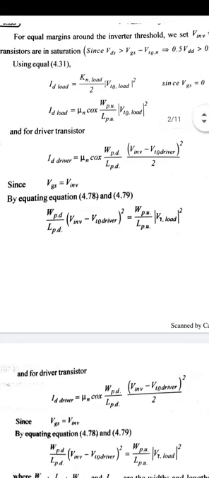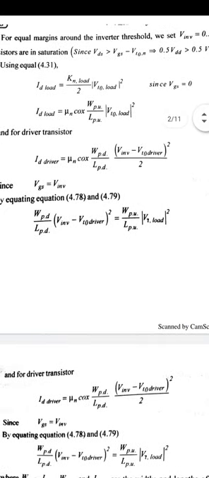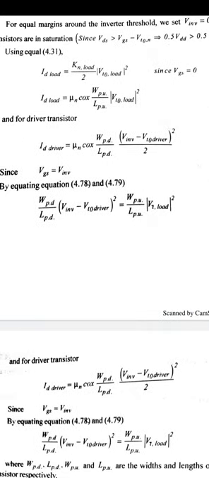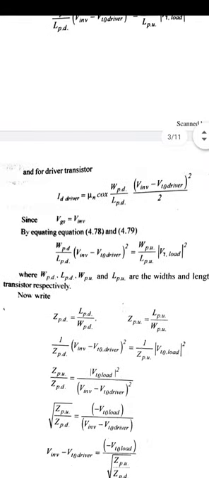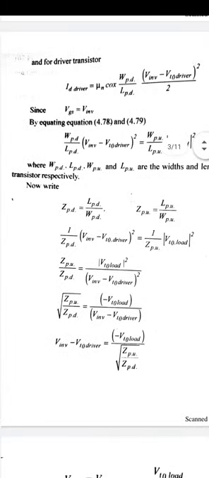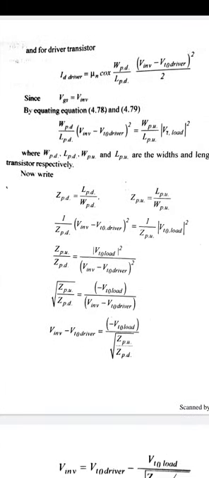When we equate these two equations for the load and driver transistors, we get WPD upon LPD times (V inverter minus V threshold voltage) whole square is equal to WPU upon LPU times V threshold voltage of load whole square. Putting ZPD equal to LPD upon WPD and ZPU equal to LPU upon WPU, we get 1 upon ZPD times (V inverter minus V threshold) whole square equal to 1 upon ZPU times V threshold voltage of load whole square.